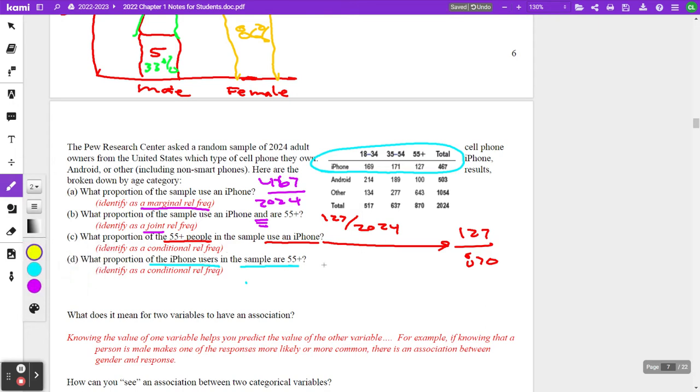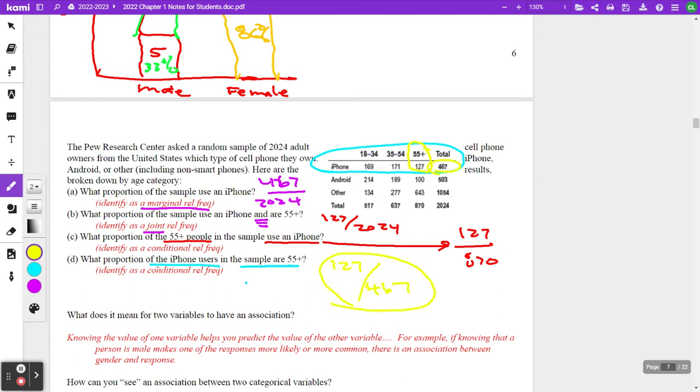So now we're here. It's going to be 127 out of, not 2024, not 870, but it's going to be out of 467, which is our total iPhone users. So that's the proportion for that one.